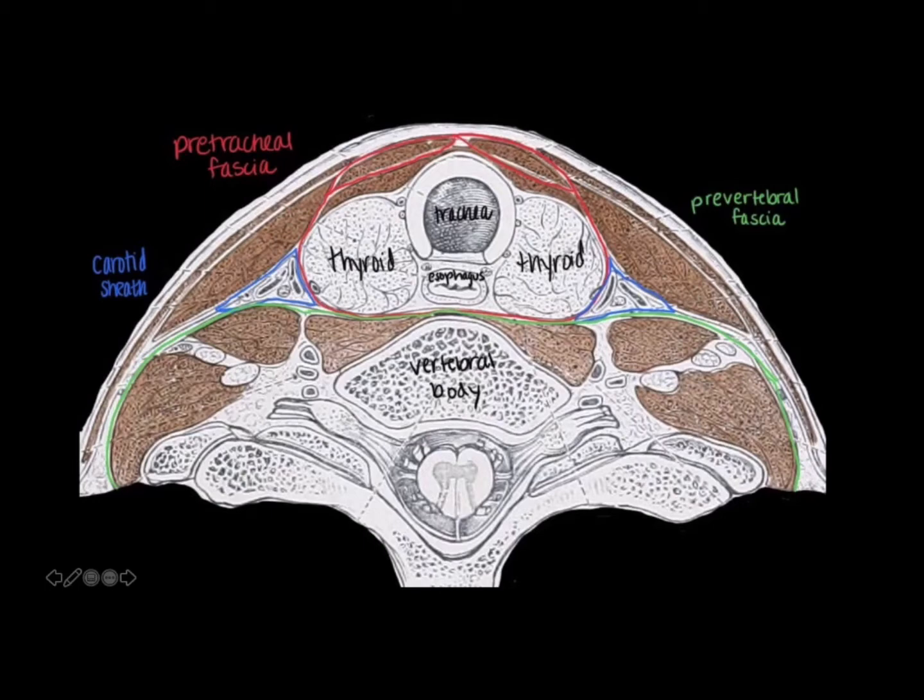And so on here, notice that the prevertebral fascia and that portion of the buccopharyngeal fascia that forms the pretracheal fascia here, they kind of rub up against each other back here, but importantly, there's a potential space in between those. So this potential space is called the retropharyngeal space, and this is a really, really important space.